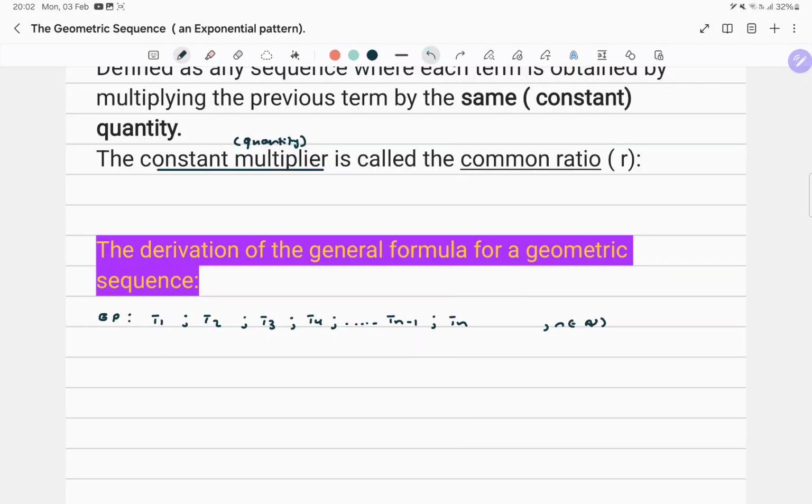Very important piece to keep in mind, okay? So if n is an element of natural numbers, the term before the last is going to be like that, and then the last term.